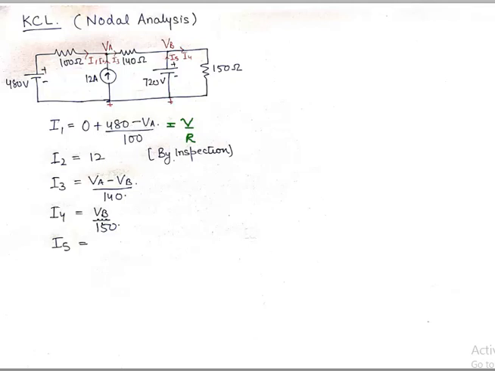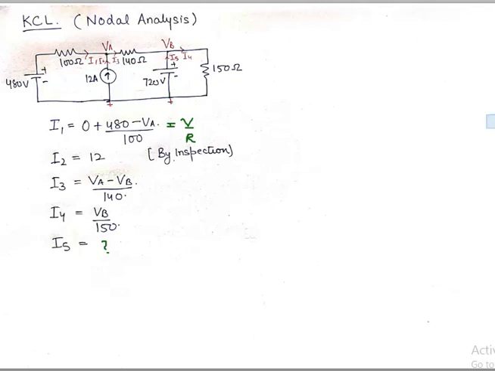I2 is 12 by inspection. I3 is VA minus VB, starting voltage minus the end voltage upon resistance, again V by R. I4 is VB by 150, and we are really not bothered about finding I5 because VB is known to us.